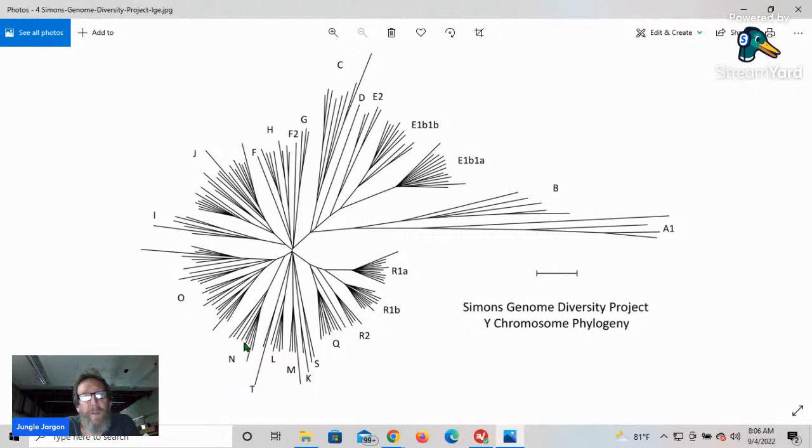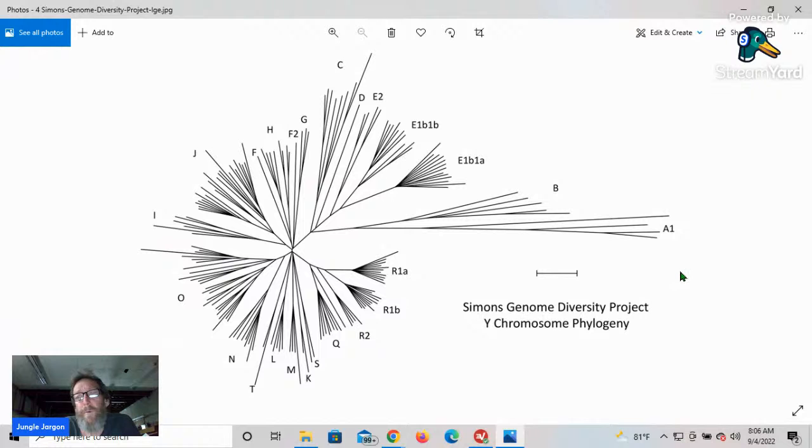Then you have Meshech in the north. Meshech went north. That's 6, and Magog is 7. 7 sons of Japheth. So 5 sons of Shem, 7 sons of Japheth.